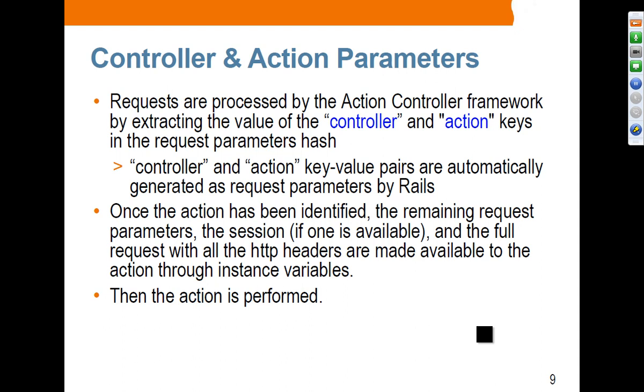So these are the request parameters that you can in fact check, okay, to see what is the name of the controller and what is the name of the action.